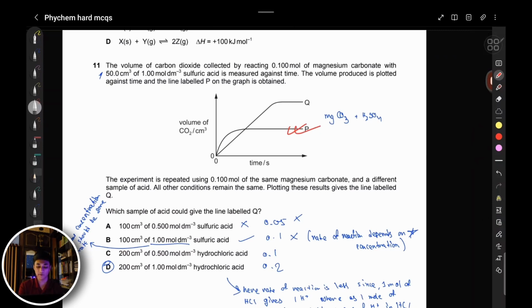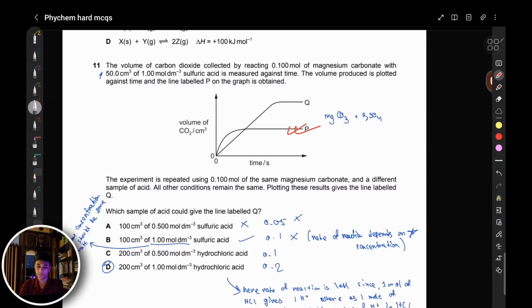The experiment is repeated using 0.1 mole of the same magnesium carbonate, so they have not changed the moles of magnesium carbonate, and a different sample of acid. All other conditions remain the same. Plotting these results gives the line labeled Q.